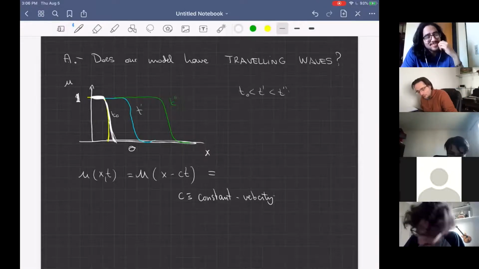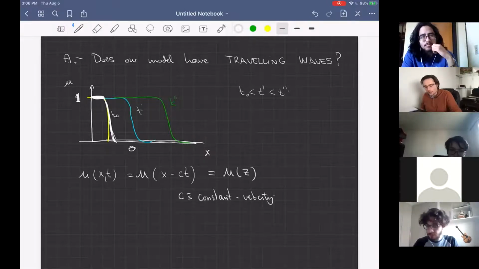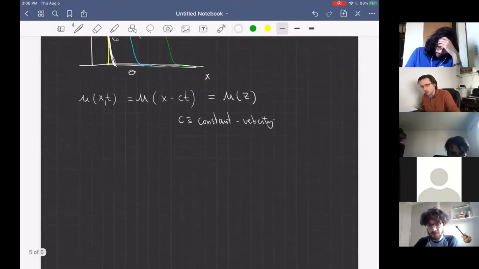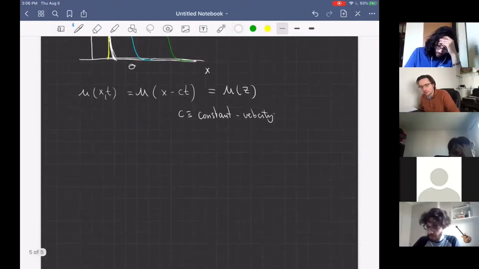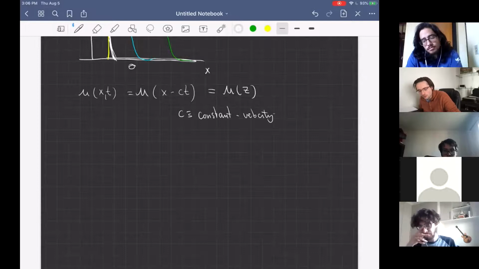And the next thing I can do is say that x minus ct is equal to some other variable z, and I write it this way. Now the next thing that I'm going to do is something that probably many of you already did in some course of PDEs, or maybe in electromagnetism, depending on the curriculum in your universities. Basically, I am going to do a change of variables in my equation.